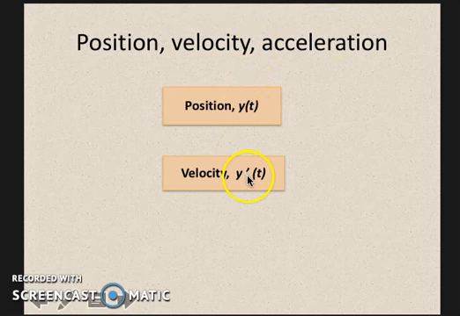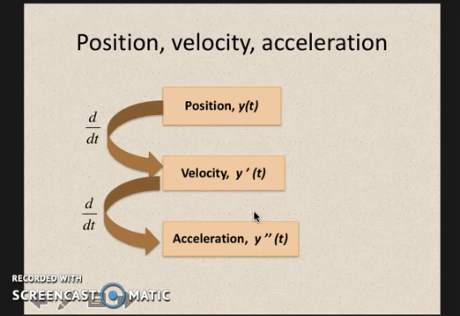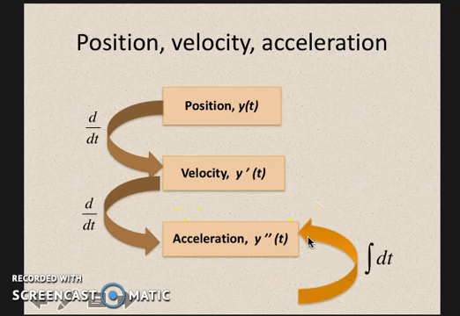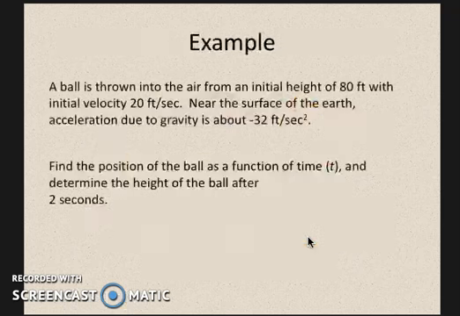The velocity is the derivative of the position, and acceleration is the derivative of the velocity. So the antiderivative of the acceleration will give you the velocity, and the antiderivative of the velocity will give you the position. So let's take an example and see how we can use this knowledge here.